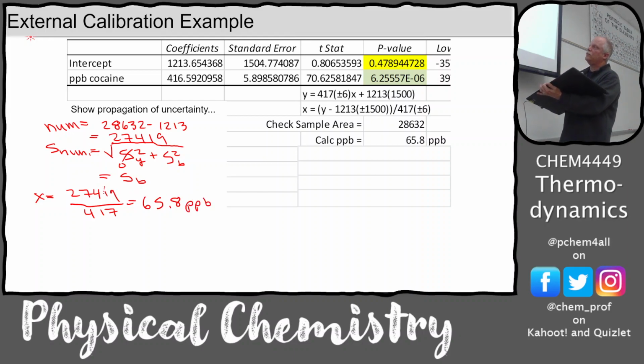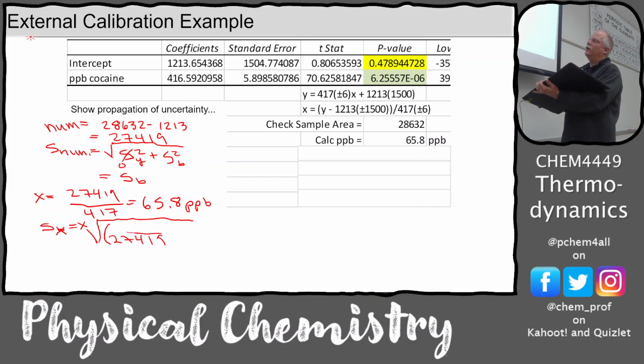Okay. And that unit came from the slope, which was counts per unit area, per parts per billion. And so I haven't been using my units, so it's bad. And then SX, how do I calculate? SX is going to be X times the square root of the RSDs of these things. So I have the 27419.